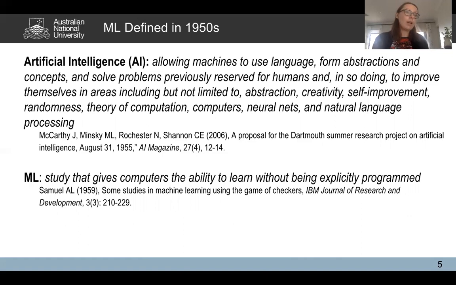So here are the two pioneering definitions. And notice that the applications of machine learning like computer vision and natural language processing have been there from early on already. And also certain methods like neural networks that are very popular today are there.